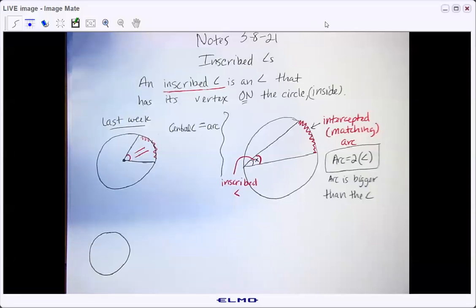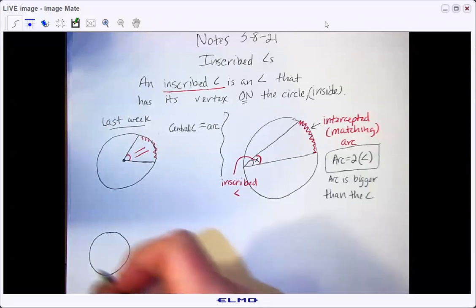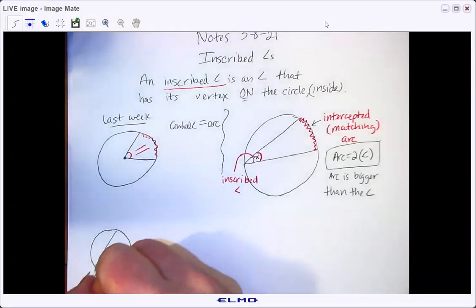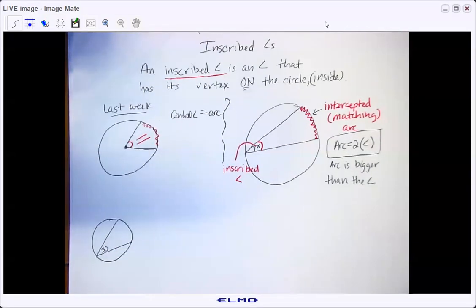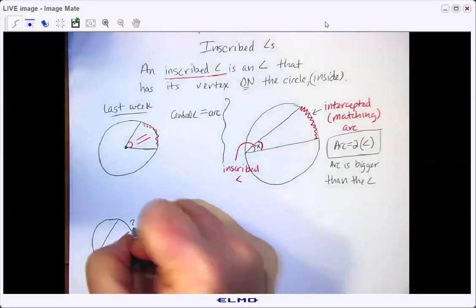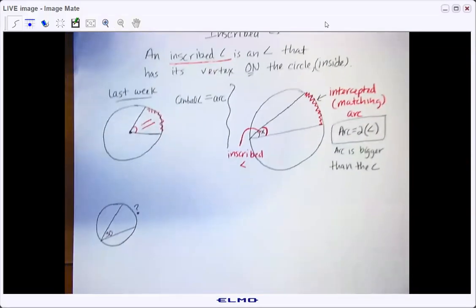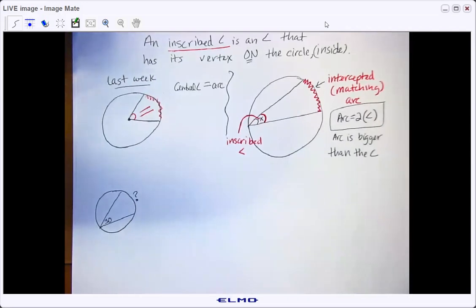So if that angle is 30, what would its matching or intercepted arc be? Go ahead and put your answer in the chat box. These are some really easy participation type questions, guys. Make sure you're tracking with me. It's a short class period.